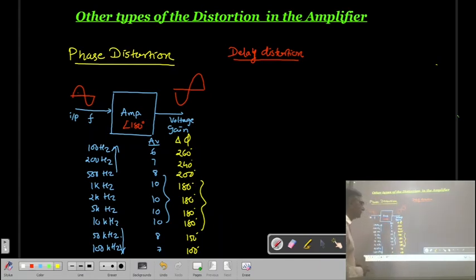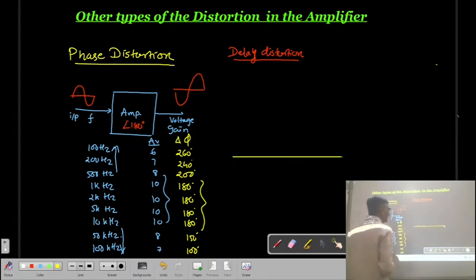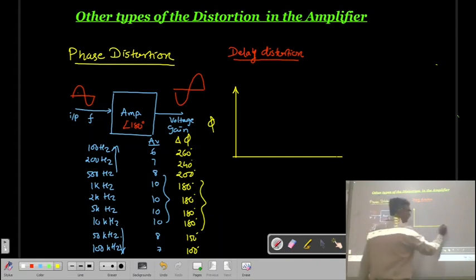So if we plot the graph for phase against the frequency, here we have the phase and then the frequency f.